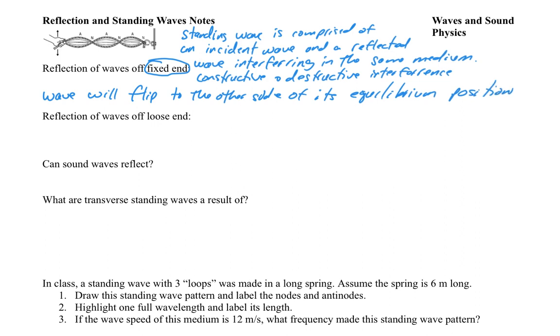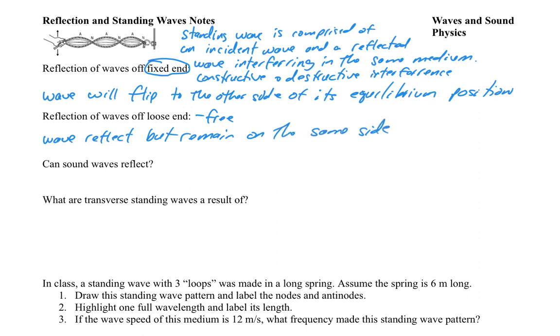But if the wave hits a free, we call this a free or a loose end, when the wave reflects, okay, the wave is going to reflect, but remain on the same side.